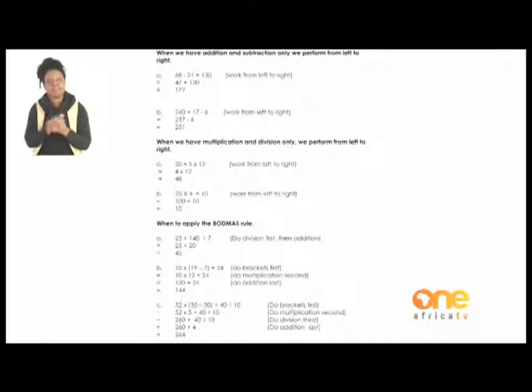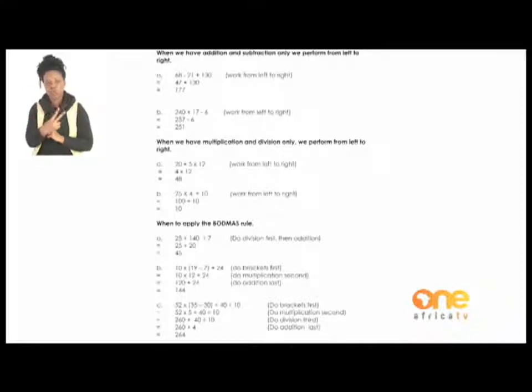So we're going to do the addition part first. We say 240 plus 17 equals 257, minus 6. Now we do the minus part, and we say 257 minus 6 equals 251.